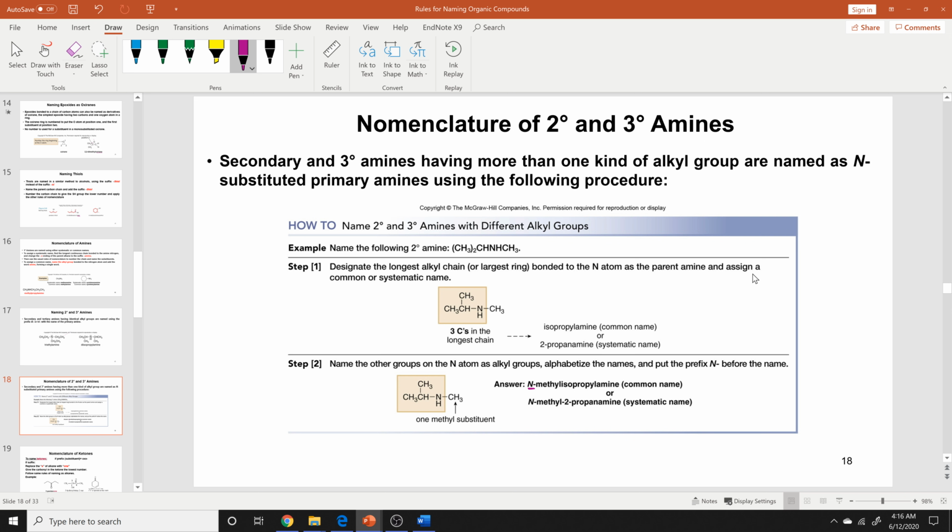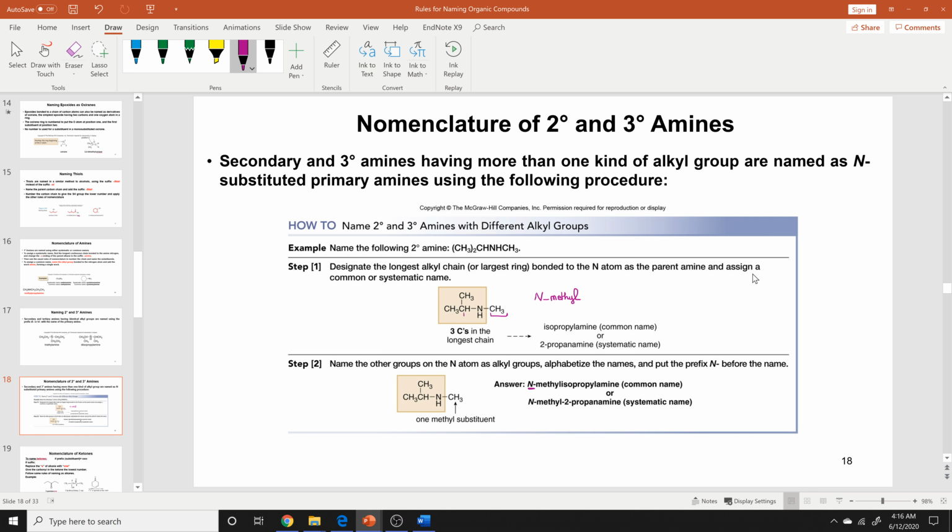If you have this structure and I want to name it, I know that this is a secondary amine. So I know that on this side I have a CH3. So that is going to be an N-methyl. Now on the other side you choose the longest carbon chain, and the longest carbon chain is an ethyl in this case.